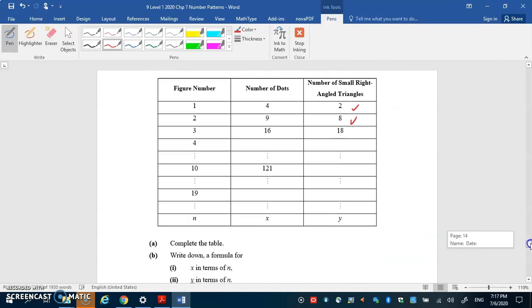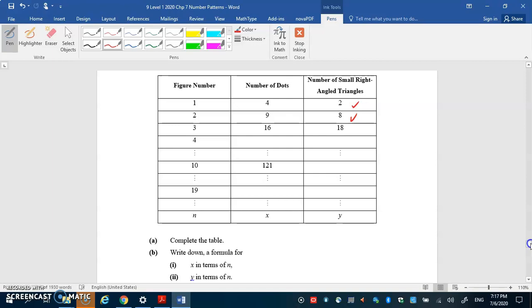For the number of dots, I think it's pretty straightforward that they are all perfect squares. You see 4, 9, 16, 121 and so on. So 4 is just 2 squared, 9 is 3 squared, 16 is 4 squared, 121 is 11 squared.